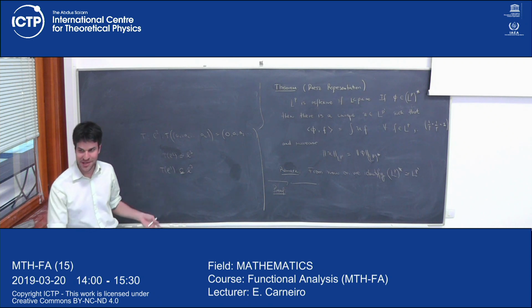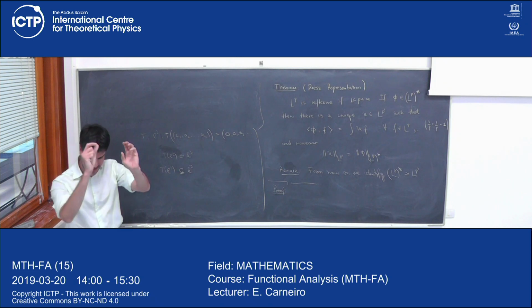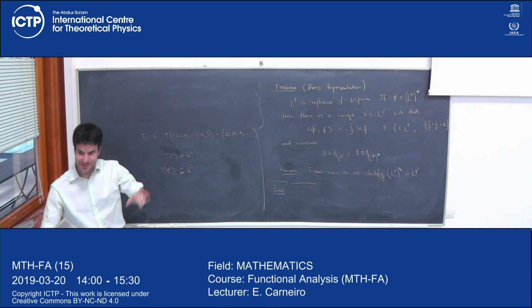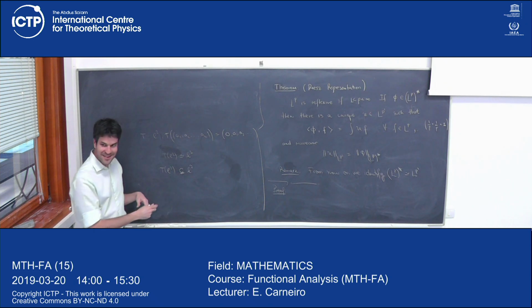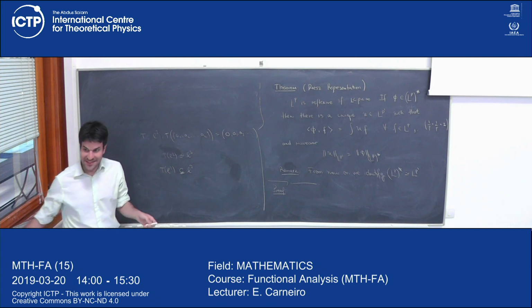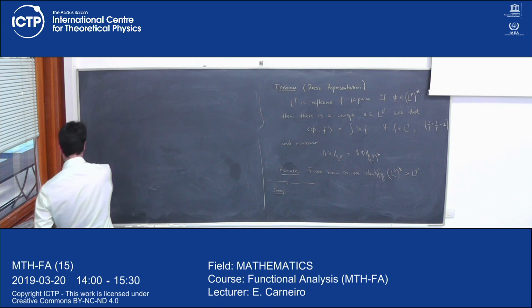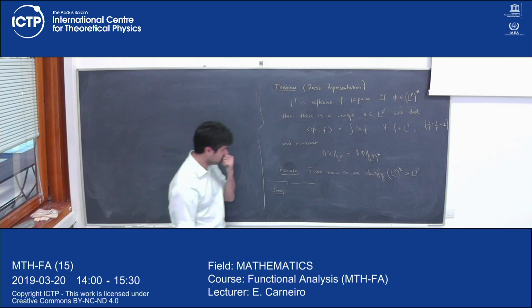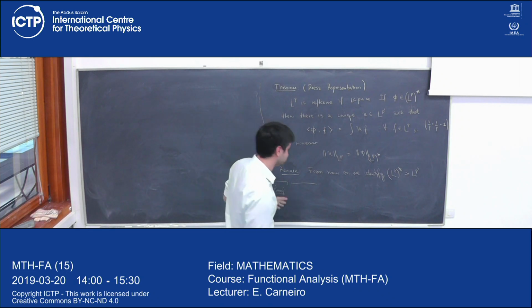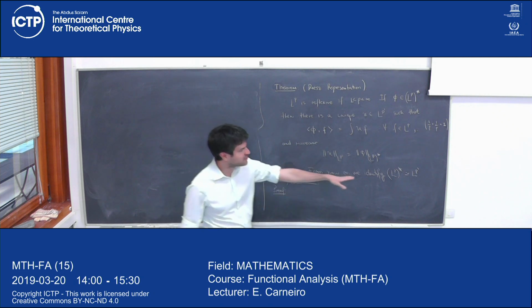If something is isometrically isomorphic to something else, it means that there is an isomorphism which is isometric, but it doesn't necessarily mean that they are equal as sets. I hope it will be clear from the context what I mean.